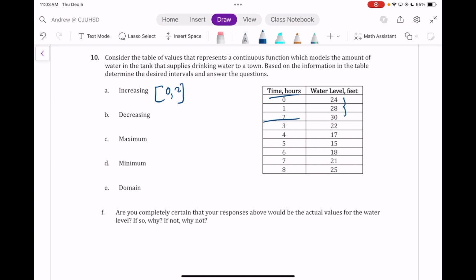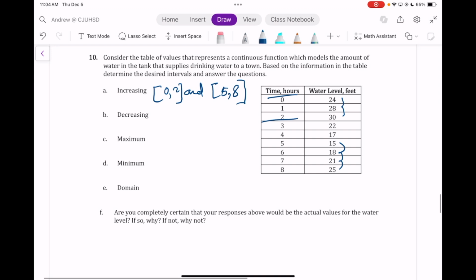It goes decrease, decrease, decrease. And then there's an increase again. So 15 up to 18, 18 to 21, 21 to 25. So it also increased from 5 on the x to 8 on the x. Oops, let's write that better. 5 to 8.